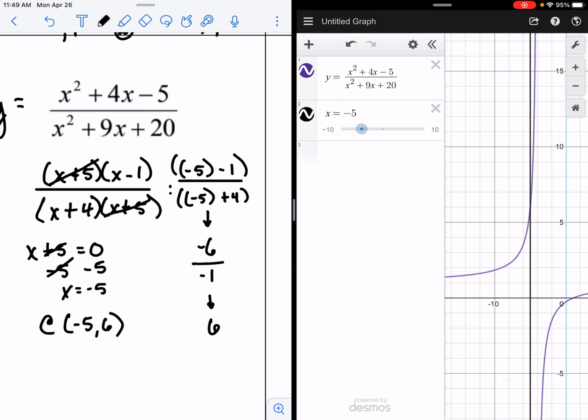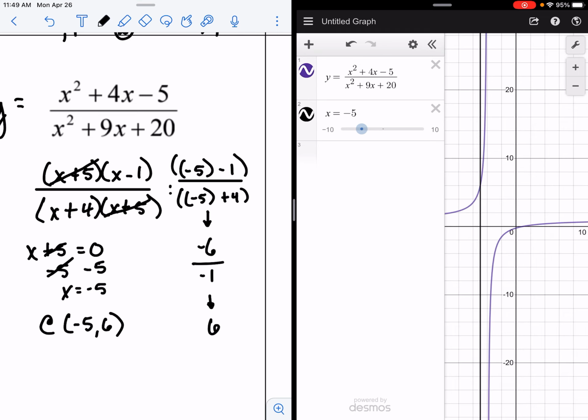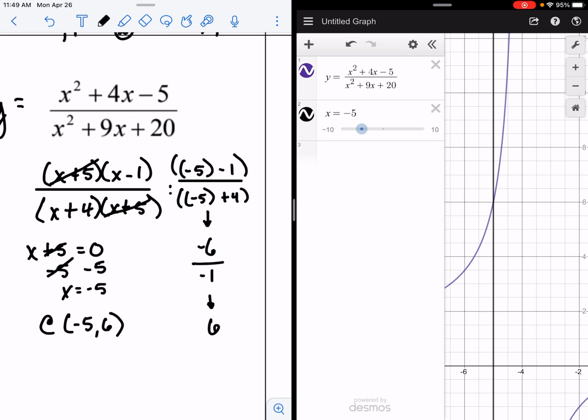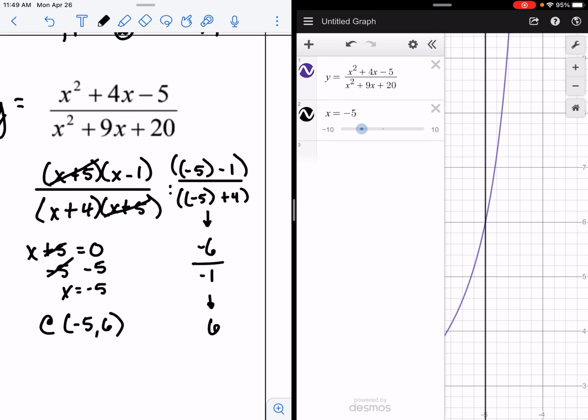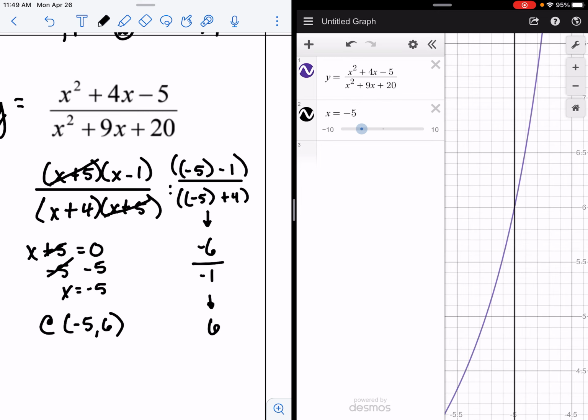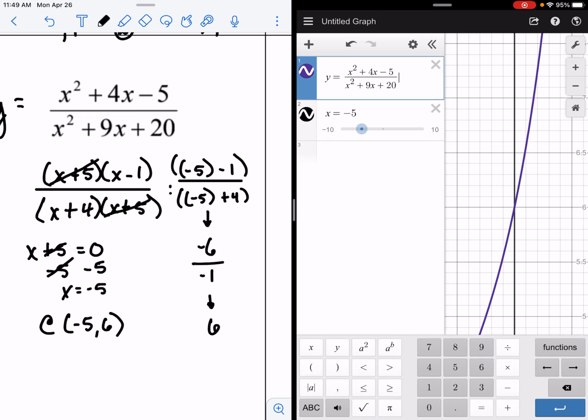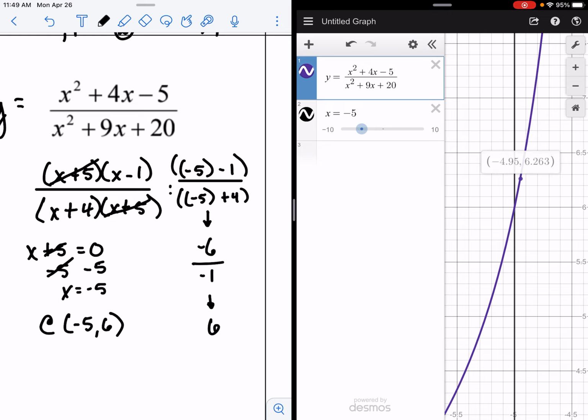All right, and what I'm doing here is just kind of zooming in so I can see the hole better. That's the only reason I put x equals negative 5 there. I then click back on my actual rational function, put my finger on it, and then I drag really close to negative 5.